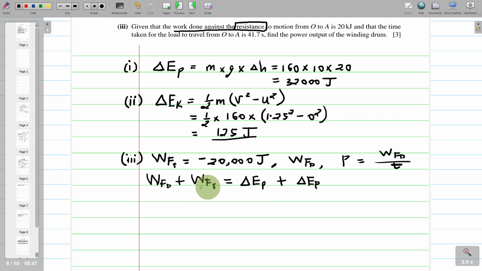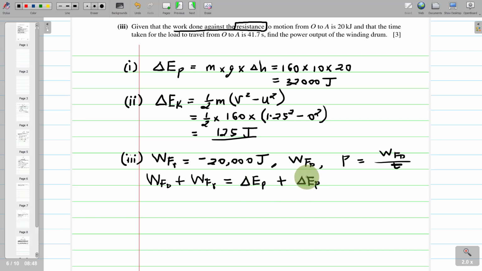Now this equation is so important because in all the mechanics questions that I've encountered, the examiner usually wants you to use this equation exactly the way it is, and we'll see how simple it is so long as you understand that this is gain in energy. That is why I underlined the word gain in potential energy.